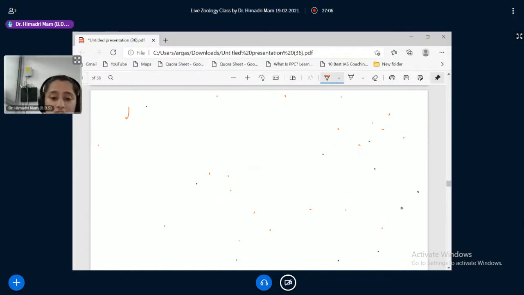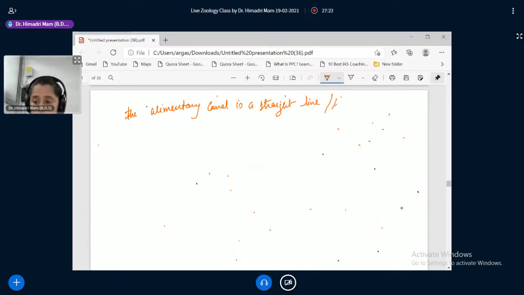The alimentary canal is a straight line or tube, running from the first to the last segment.